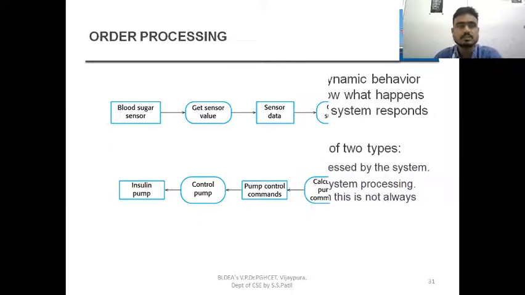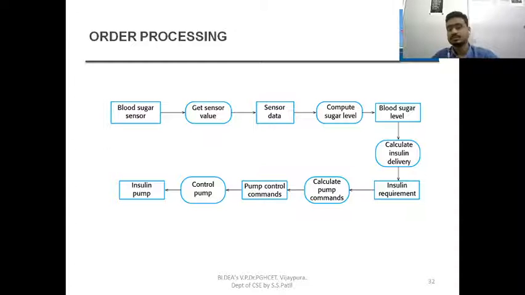So to understand this behavioral model, you have to understand this order processing. Again, the checking of the blood sugar level of a diabetic patient. Blood sugar sensors are imposed. These sensors are continuously going to sense it. If something goes wrong with the data, either high or low, it is going to sense it.